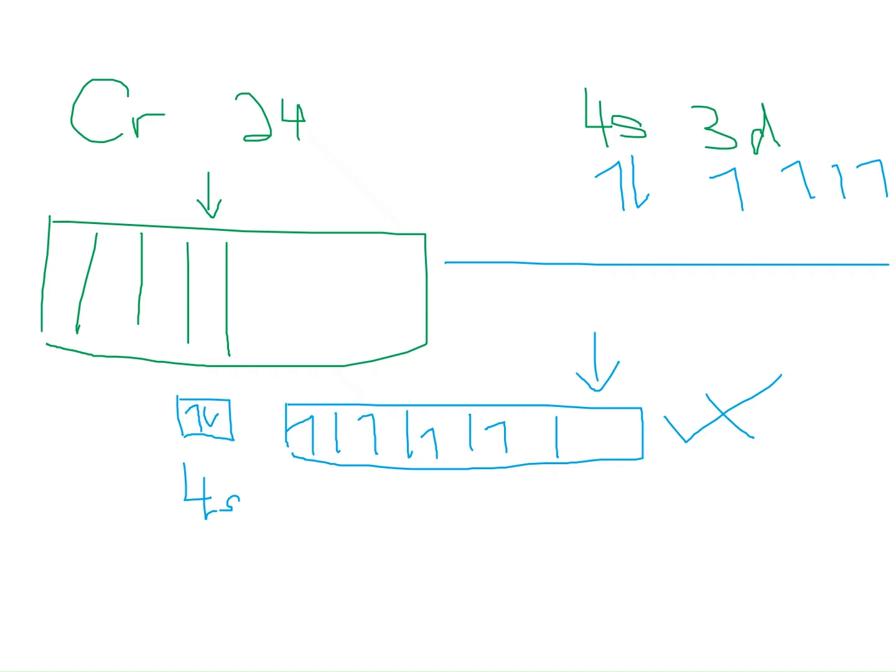Remember, fully filled or half-filled orbitals will lead to a stable electronic configuration. Because of that, we need to add another electron here. We don't actually add it from another chromium atom or another element. That electron will come from 4s. So this electron from 4s will be transferred here, making the new configuration this.